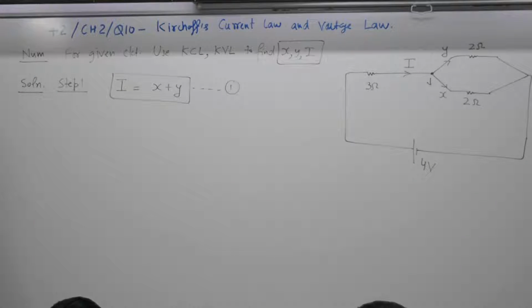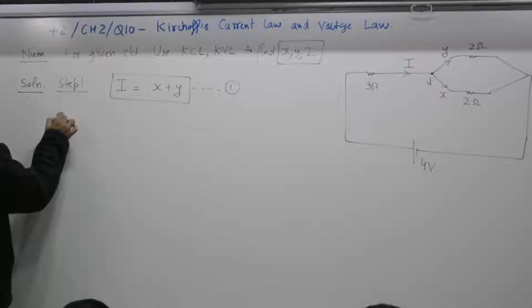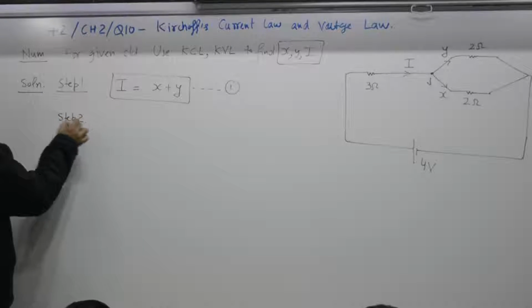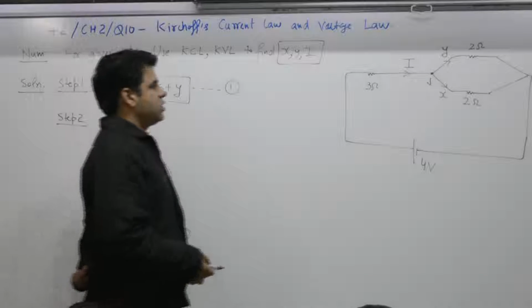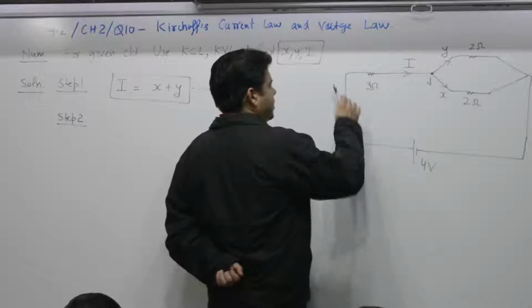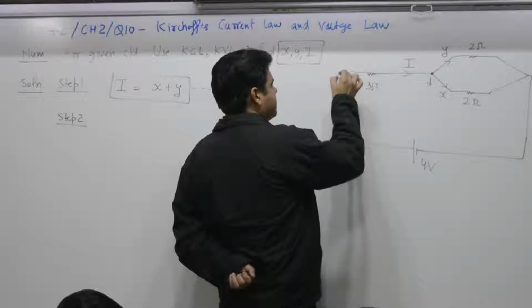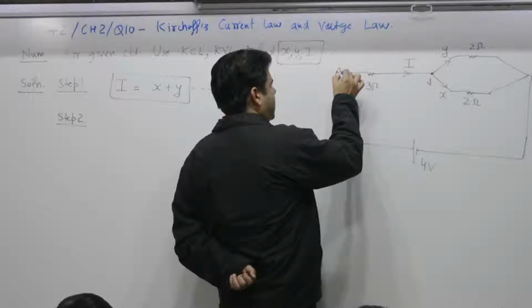You can mark the loop as A, B, C. Step 2. You can start from any point for applying Kirchoff's law.